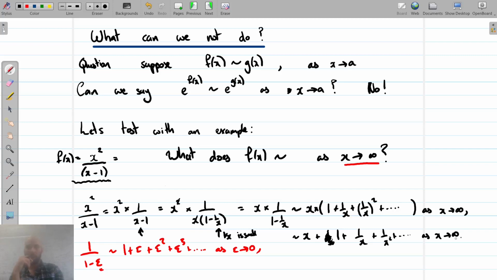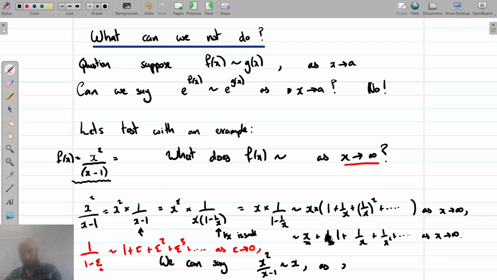So normally when we do an asymptotic series expansion, we normally only use the first 1, 2 or 3 terms as our approximation. So what I'm going to say here is, let's just use the first term. So we can say x squared over x minus 1 twiddles x, if I'm just using the first term.